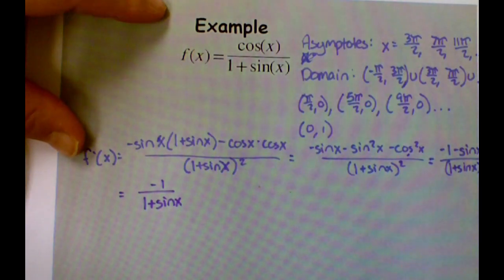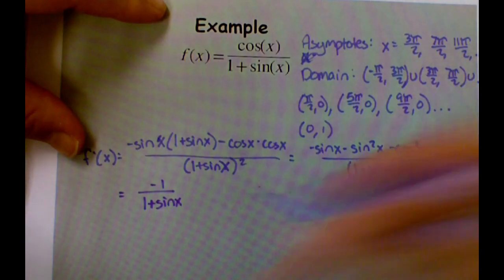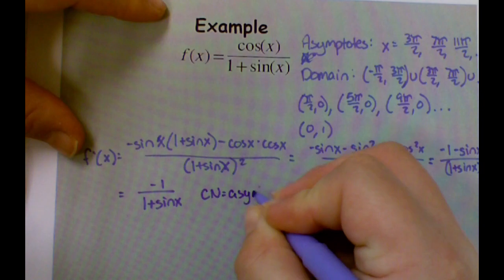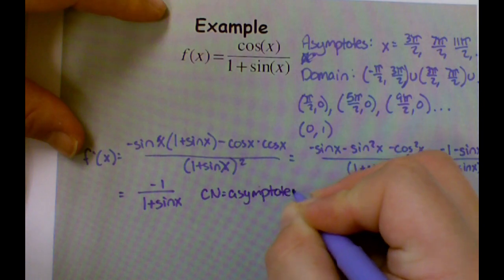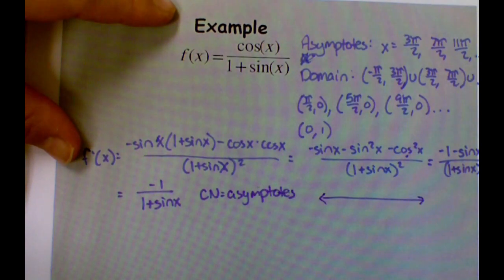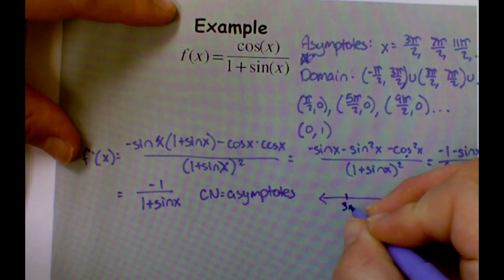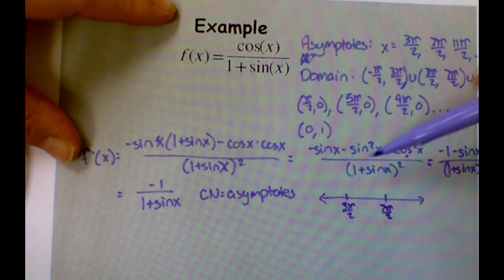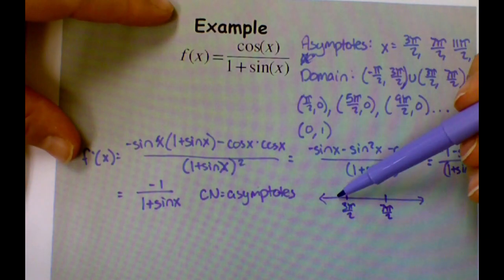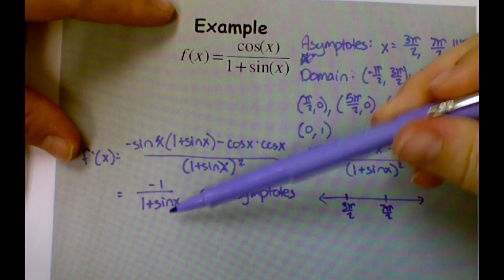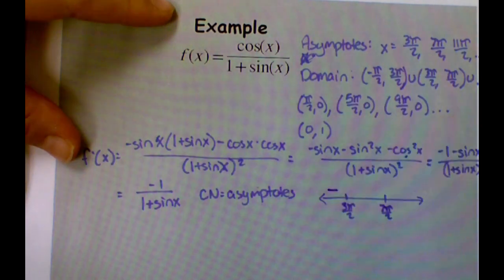Which means the only critical numbers are those same asymptotes. Critical numbers equal asymptotes. All right, they're the same. So we should be able to get an idea of the pattern. Let's put 3 pi over 2 and 7 pi over 2 on here. If I plug in a number smaller than 3 pi over 2, but bigger than negative pi over 2, let's say 0, I get negative 1 over positive 1, which is negative.